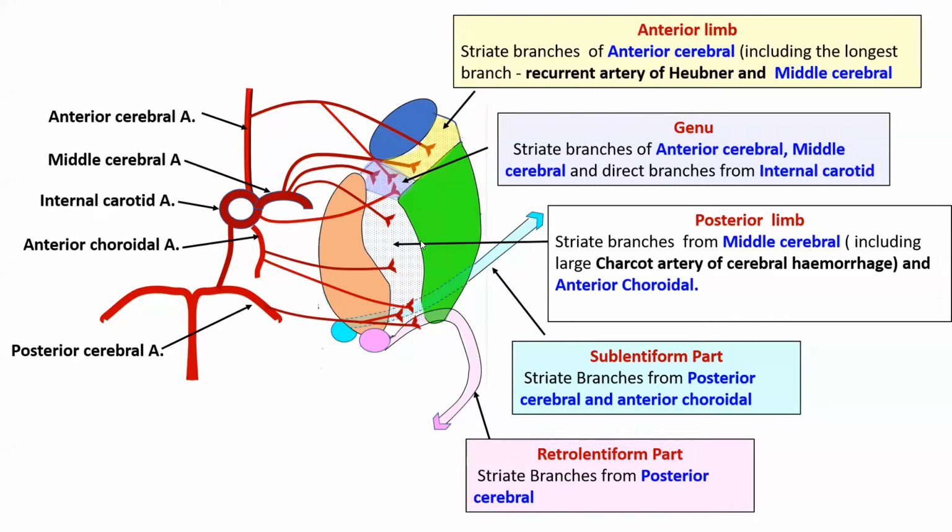Now, as a rule of thumb, basically all of them are striate branches. But the way it's divided is the anterior limb is going to be from the anterior cerebral artery, the striate branches. The genu is a combination of the anterior and the middle cerebral, whereas the posterior limb is just the middle cerebral artery. Okay, as well as the anterior choroidal artery, which is a branch directly from this.